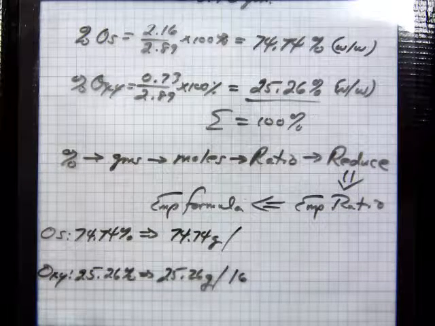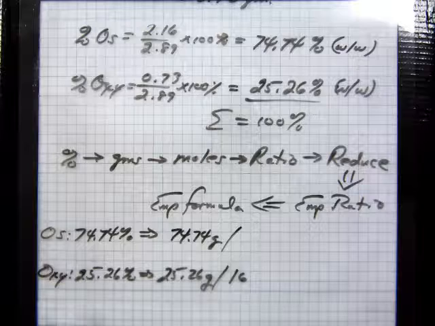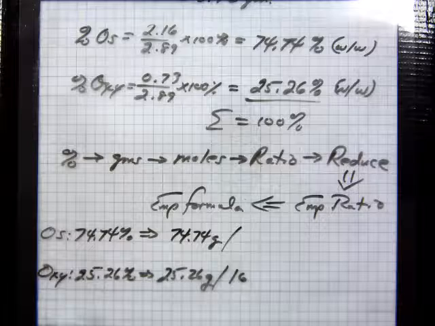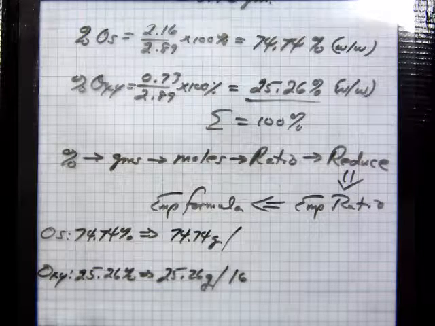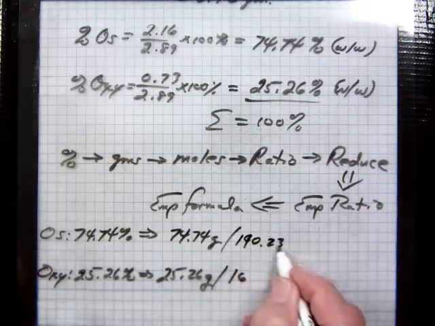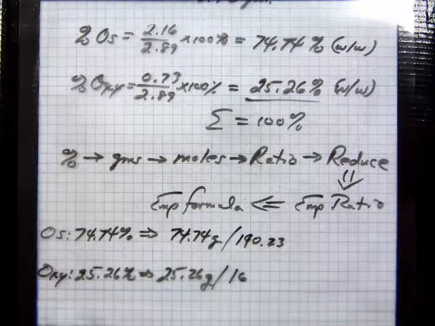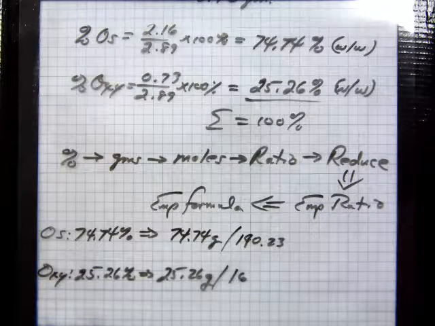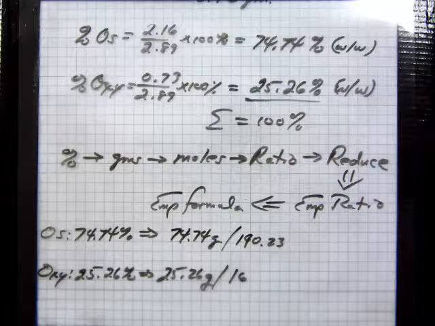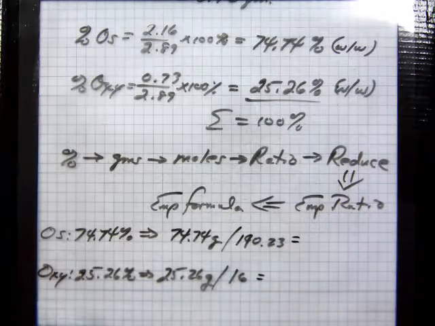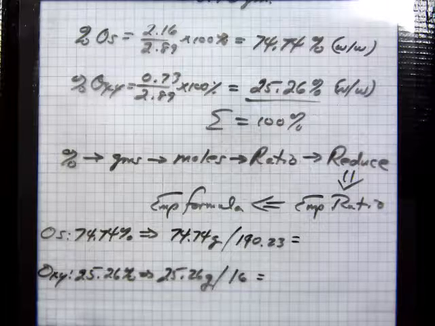I have to look up some of them; osmium is 190.23. Everybody good on that? Now, don't get complicated. It's a mass in grams, and you ask yourself, how many formula weights are there in the given mass? That implies divide by formula weight, whatever the given mass is. Okay, so here are our moles of each element.